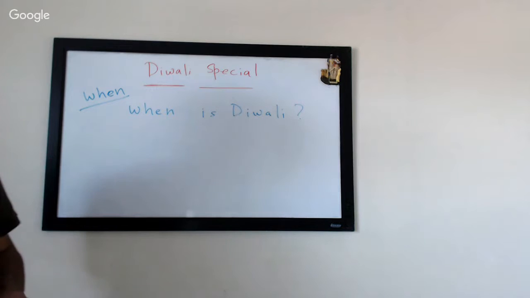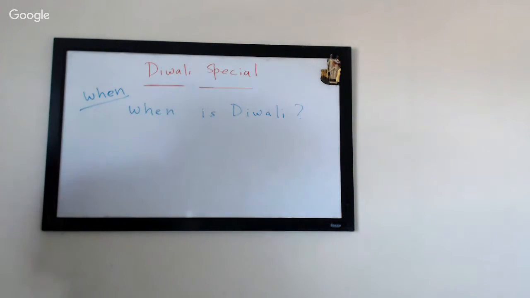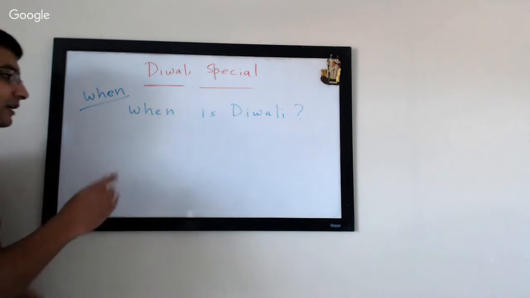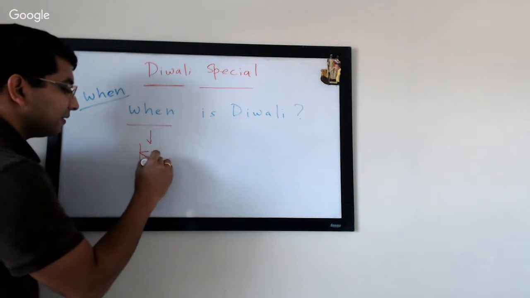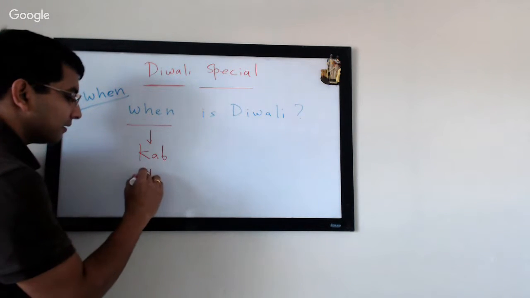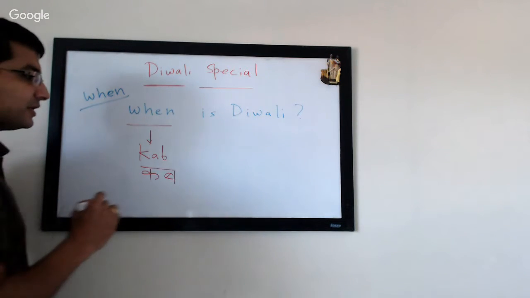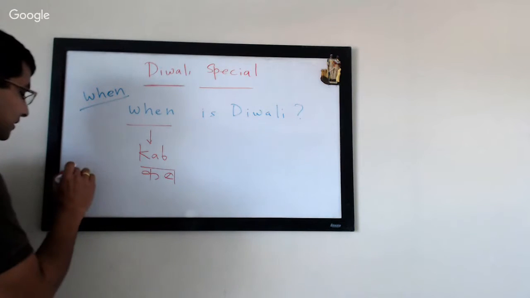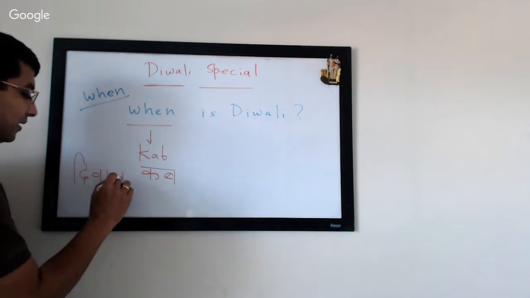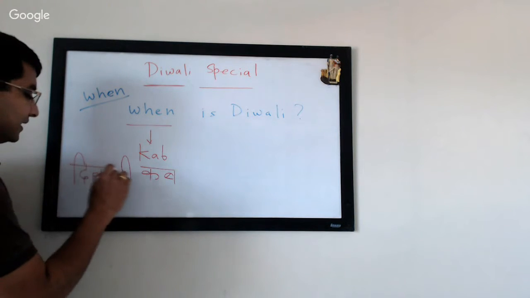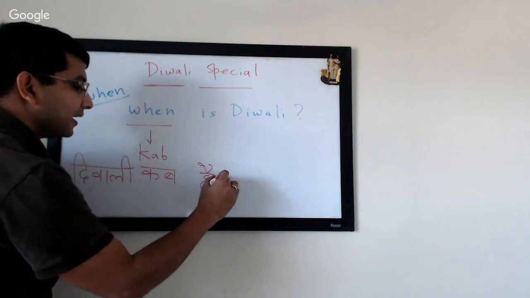Okay, good. As you rightly pointed out, when we talk about when, it's basically kab, ka and then ba, kab. So the easiest way to say it is Diwali kab hai.